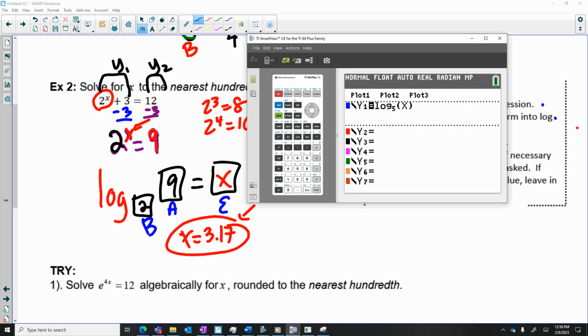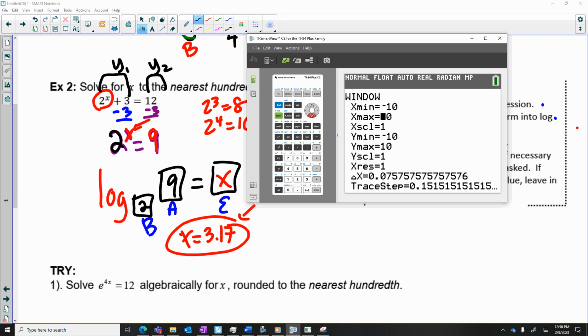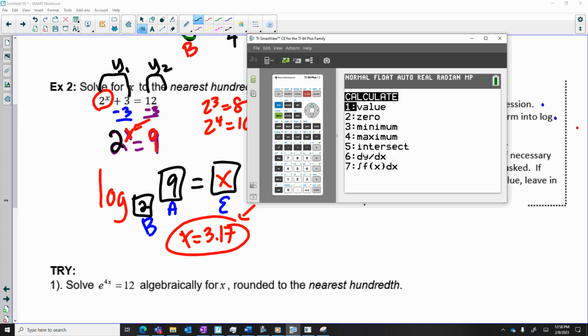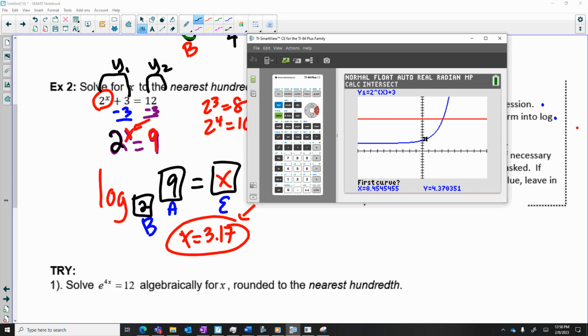So if we went to y1, we would type in 2 to the x plus 3. And then in y2, we would put in 12. Then we would press the window and make sure your y maximum is bigger than 12. So make it like 20 and hit graph, and you're going to see they intersect. Then you do second trace, 5, intersection, scroll over to the intersection. When you get close, hit enter 3 times. You're going to get the same answer, 3.17.